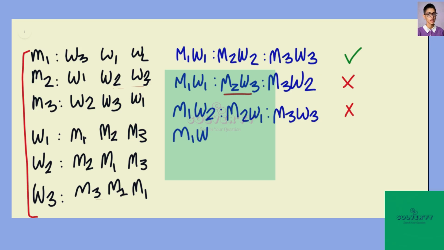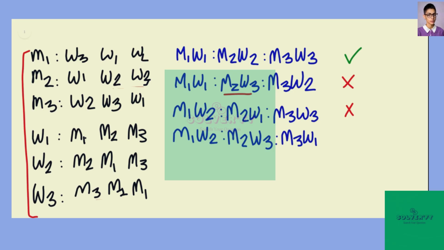All right, then we're going to do the same idea. We'll keep that first pairing the same and switch up the second one. So we'll have male 2 with woman 3 and male 3 with woman 1. In this instance, we see that male 1 is going to prefer woman 3 over woman 2.